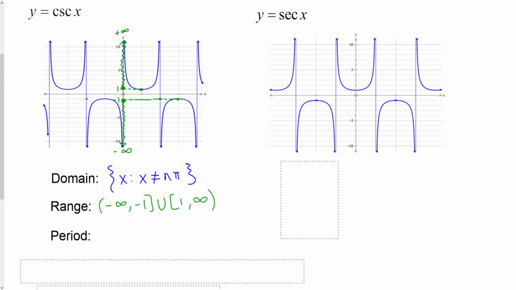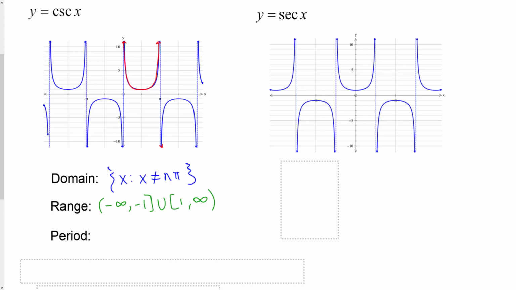The period of the graph is how long it takes for your cycle to repeat. So let's say we start our cycle at 0. Then follow along until you start seeing a repeating graph. So far nothing's repeated.